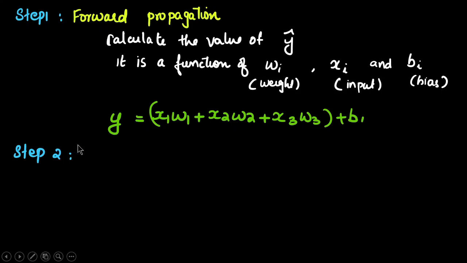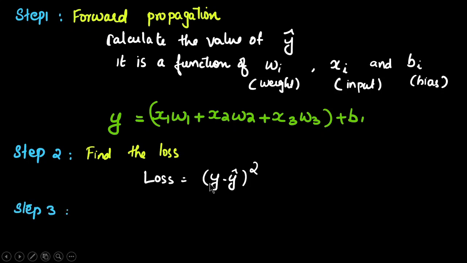Then step 2 is find the loss. Once we get the value of y cap, we have to compare it with y, that is the expected output. So loss is y minus y cap the whole square. If we have only a single data point, this is the equation of the loss function.